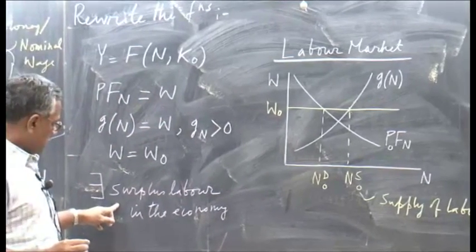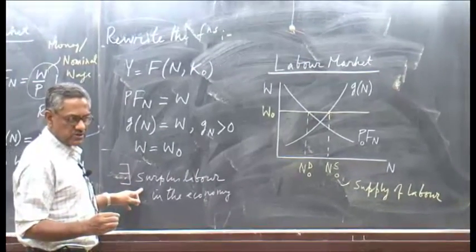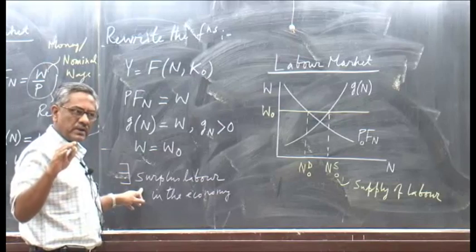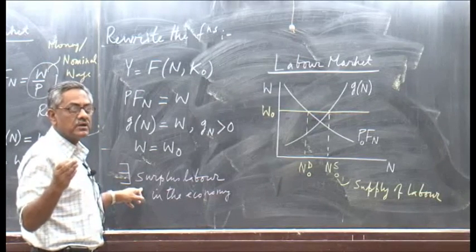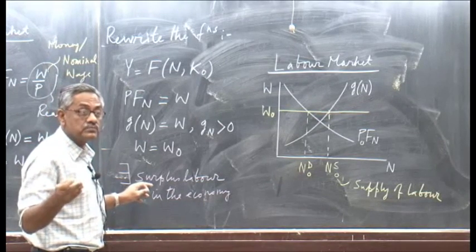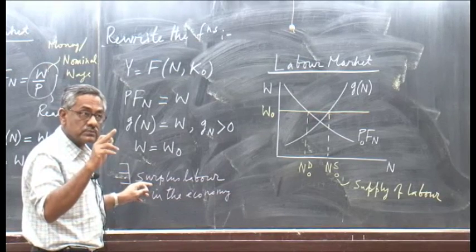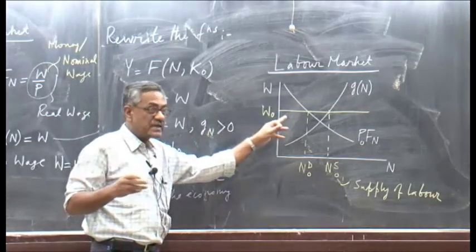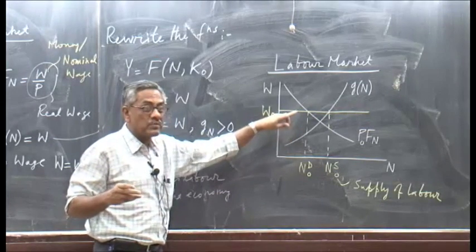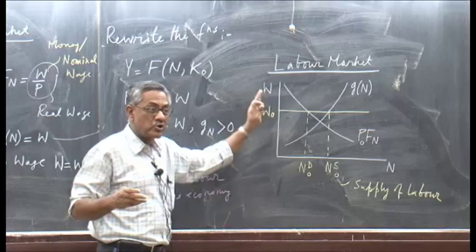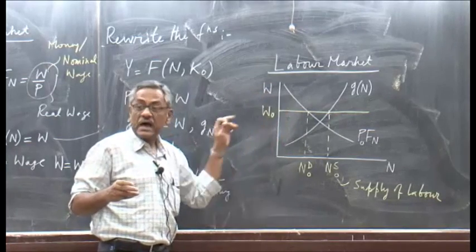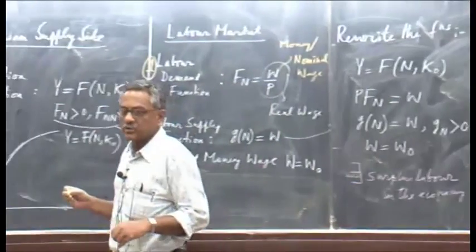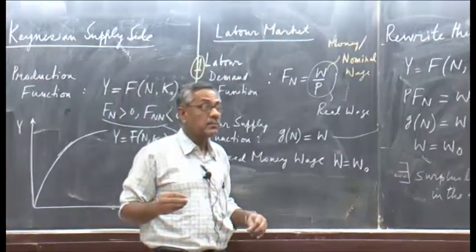If you agree with the Keynesian assumption that the economy is below the full employment level, where there is surplus labor and people are waiting for jobs, then technically speaking, the wage rate that they negotiated must be above the equilibrium point, because only above the equilibrium point can you have surplus labor, meaning unutilized labor. People are unemployed.